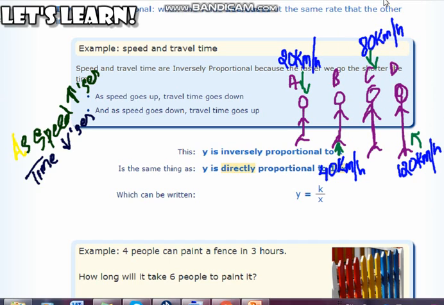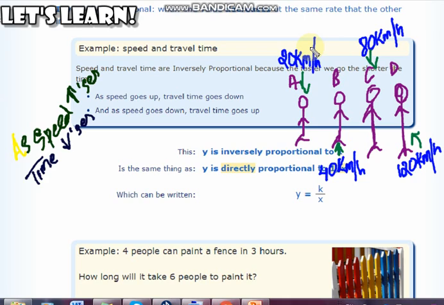Second, man C will reach the destination because he is traveling at the second highest speed. After man C, man B is supposed to reach the destination as he is traveling at the third highest speed. And at the last, man A is supposed to reach the destination because he is traveling at the lowest speed.